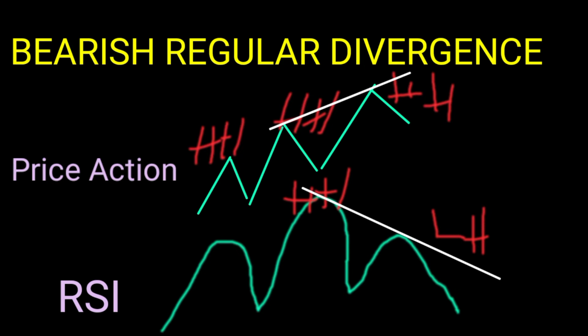Wherever you observe the price action making a higher high and the RSI making a lower high, there is a contradiction. As a result, we say that there is a divergence there. So look for a bearish confirmation, then you short the trade with at least 1:2 risk-reward ratio.